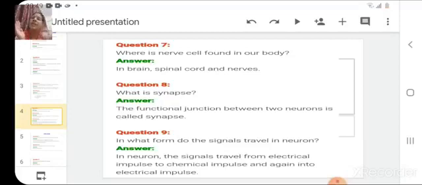So there is some connection. How is this connection formed? This connection is formed in the form of so many neurons. These neurons are connected to each other, and they help in conduction of nerve impulse.